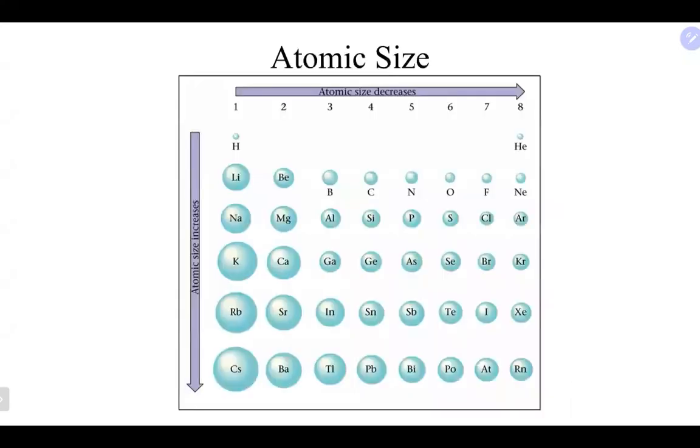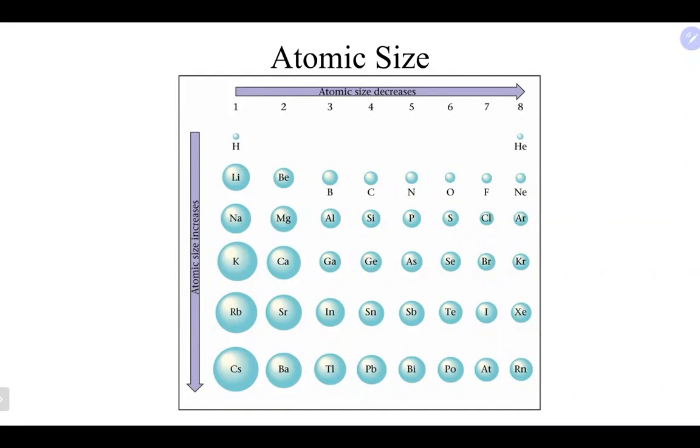Now, this also relates to a couple other things, which is atomic size. The size of an atom actually gets smaller as you go up and to the right, and it gets larger as you go left and down. And that is because as you go up and to the right, there's something known as effective nuclear charge, which is basically the positive charge that the electrons feel from the nucleus. It gets larger as you go up and to the right of the periodic table.